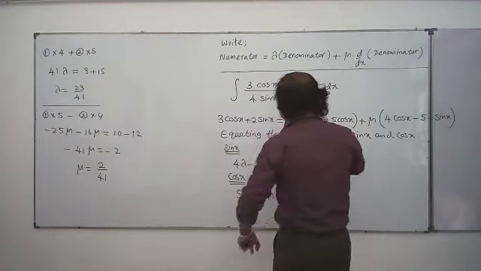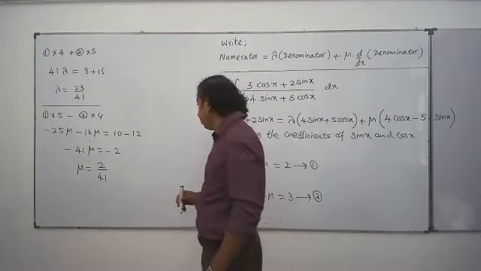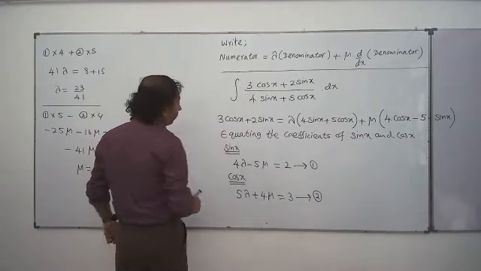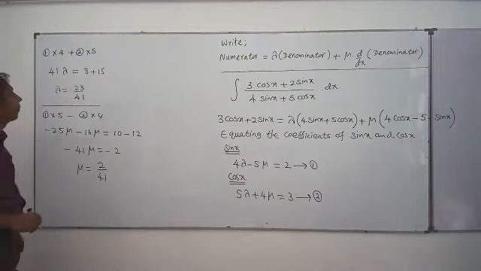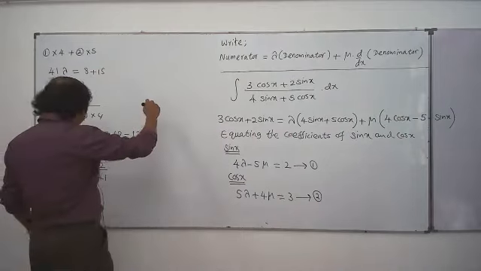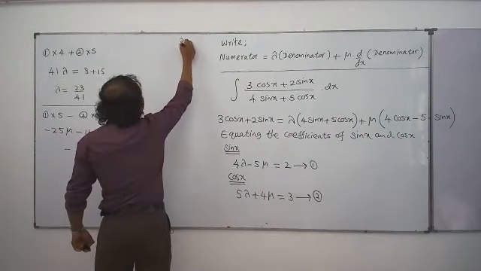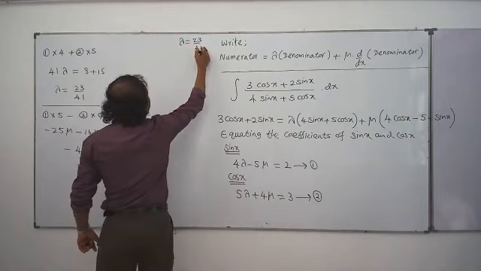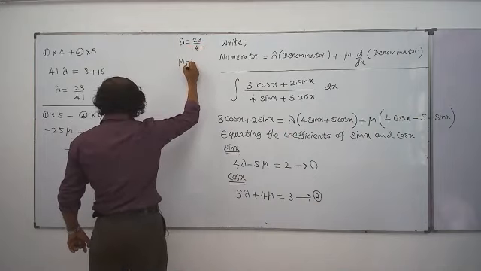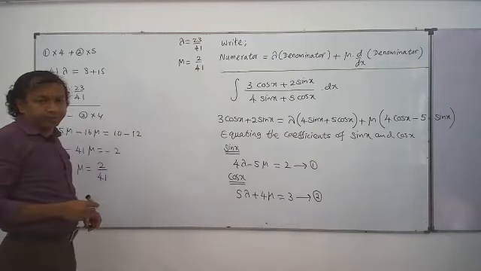Now we rewrite this one, substituting for lambda and mu. We have lambda is 23 by 41 and mu is 2 divided by 41.